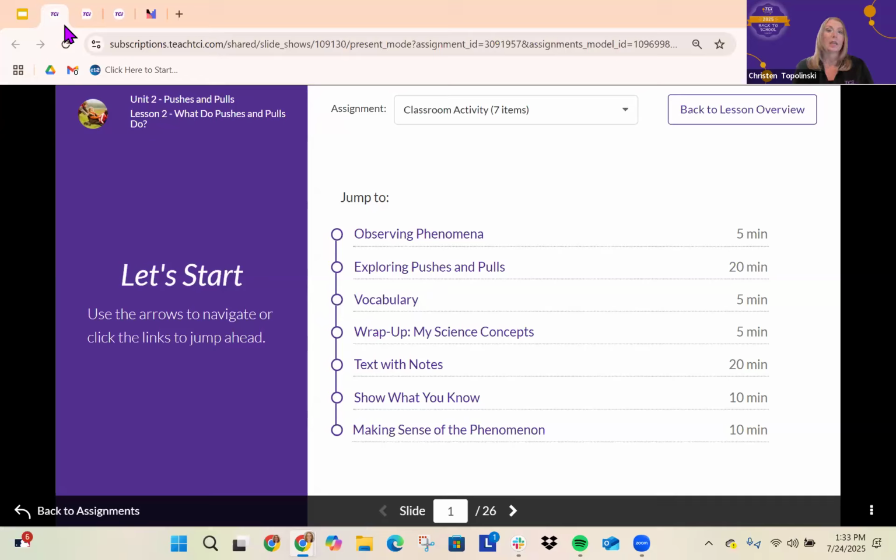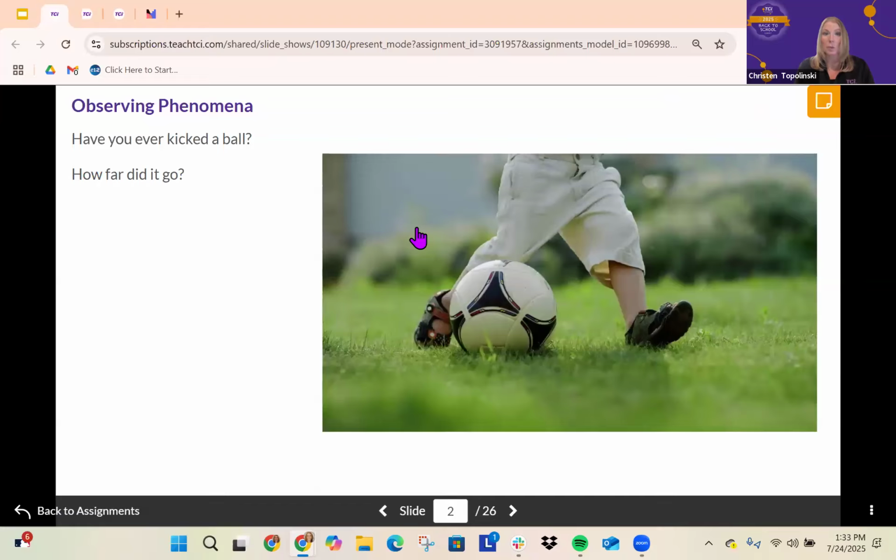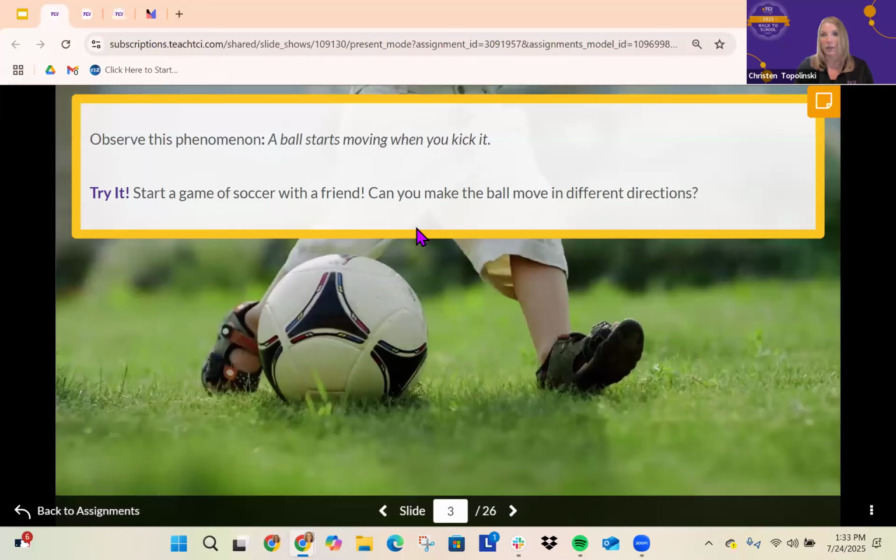But really the key in each of these lessons is that it starts the same. You're going to observe that phenomenon first. This first one is at kindergarten. Have you ever kicked a ball? How far did it go? Every student has probably had that experience. You certainly could have a soccer ball in the classroom. The ball starts moving when you kick it.